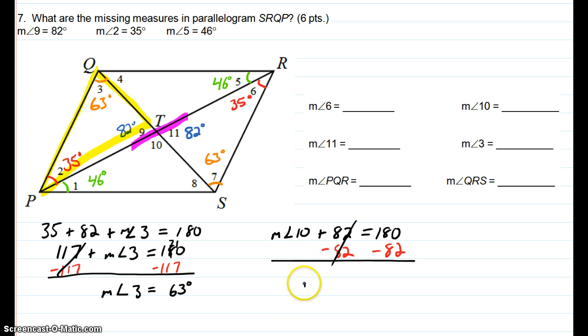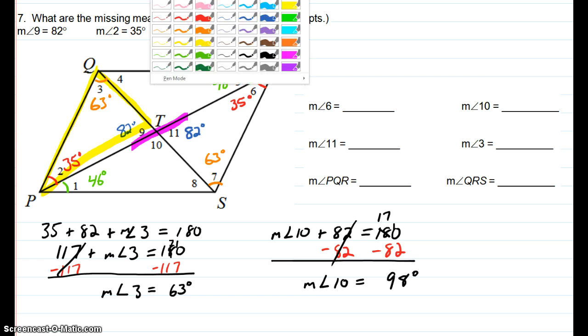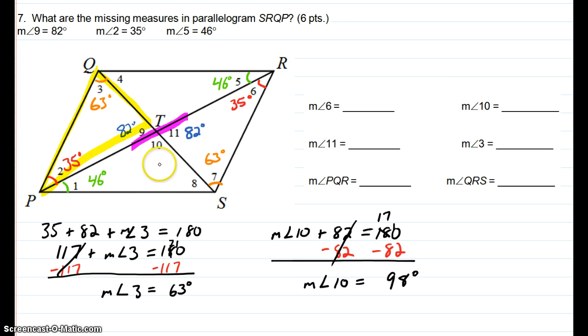So this goes away. So the measure of angle 10 is going to be equal to, we're going to borrow, 98 degrees. So the measure of angle 10 is going to be 98 degrees.